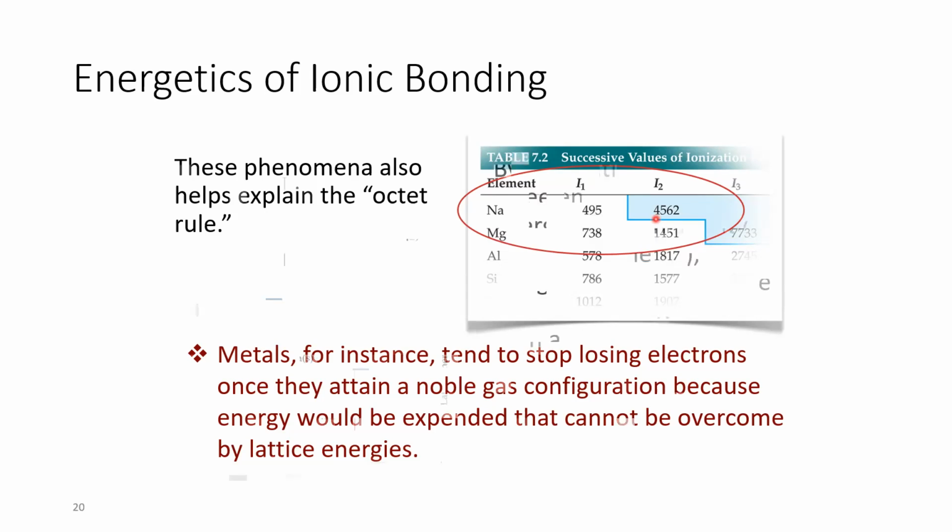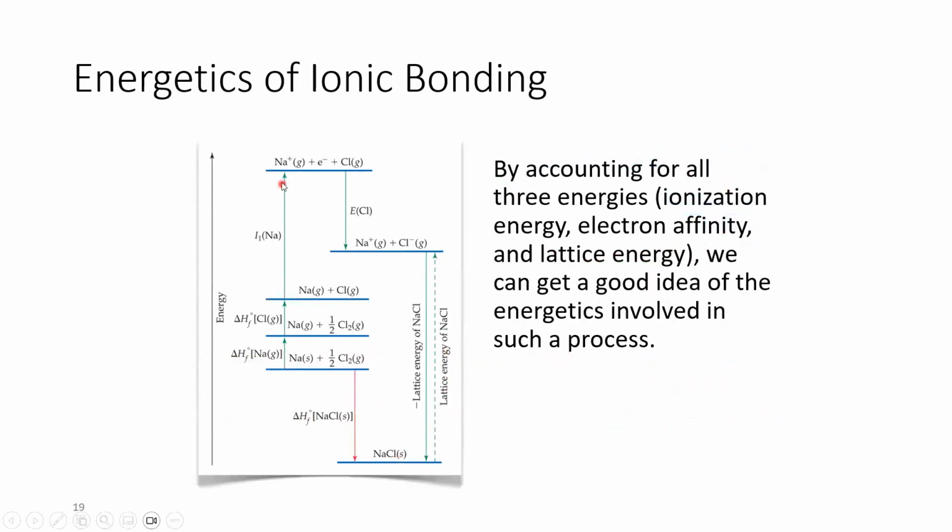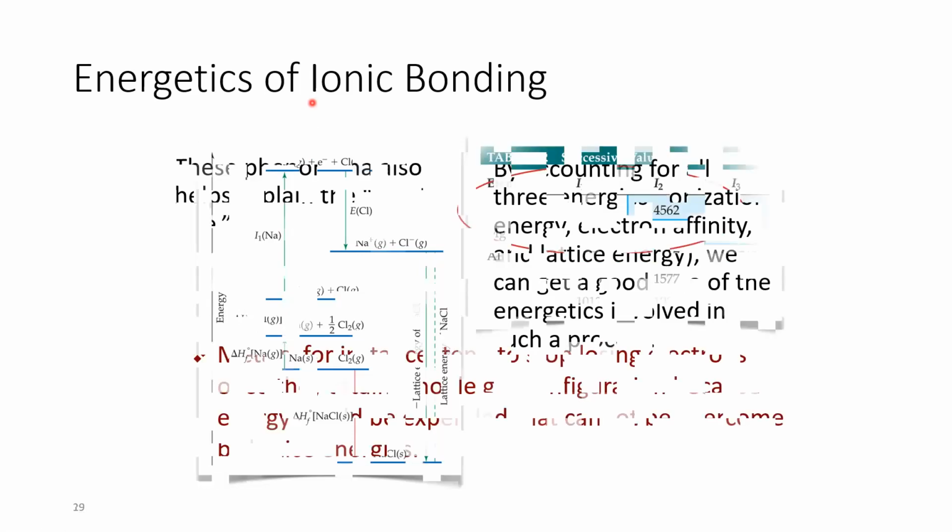And in that case, if you think about it, this step is going to be much, much higher. It's going to go 10 times as high. So the lattice energy, if we were to form an ionic bond in that case, just wouldn't be great enough to overcome the additional energy required to remove that second electron.